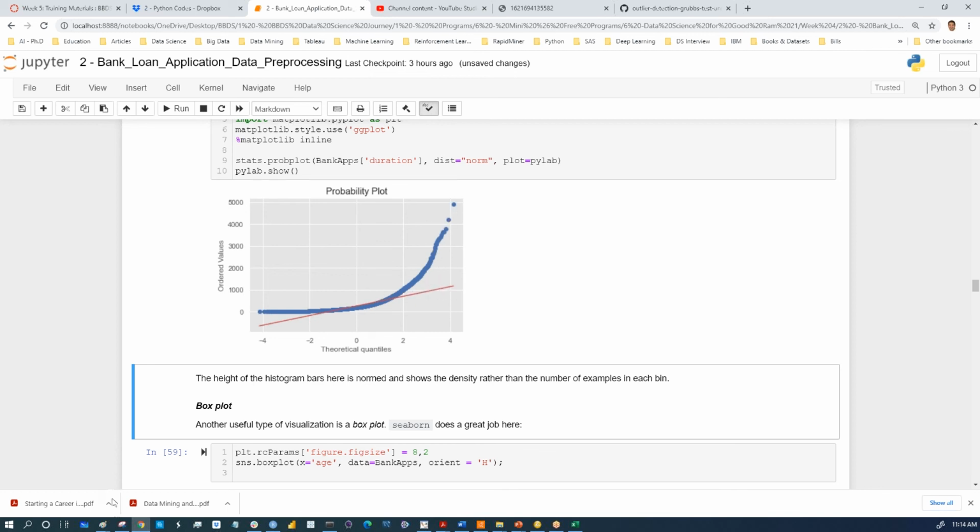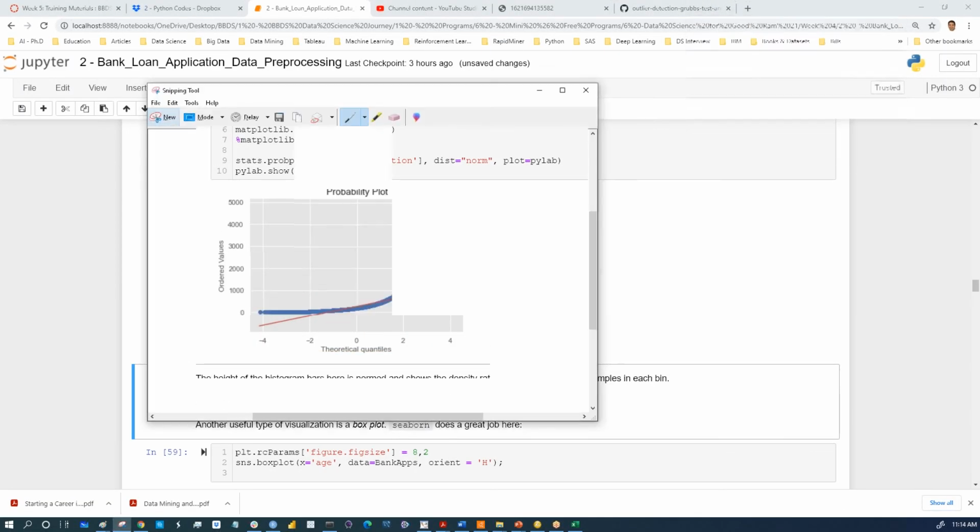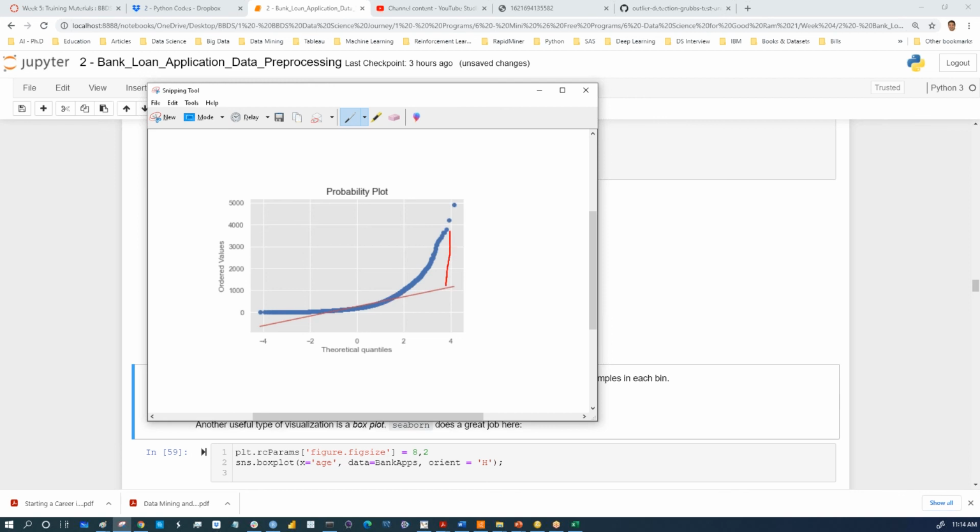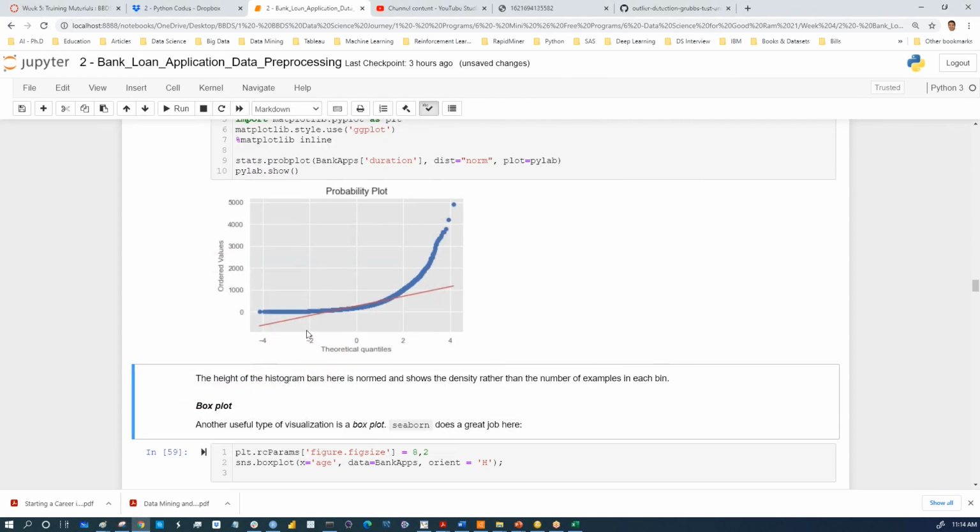So if we were to use this duration, we need to handle this part in here. We probably need to delete some, and the remaining we have to scale or transform. We could use log transformation or inverse transformation. It depends on the type of skewness that we are going to learn next week.